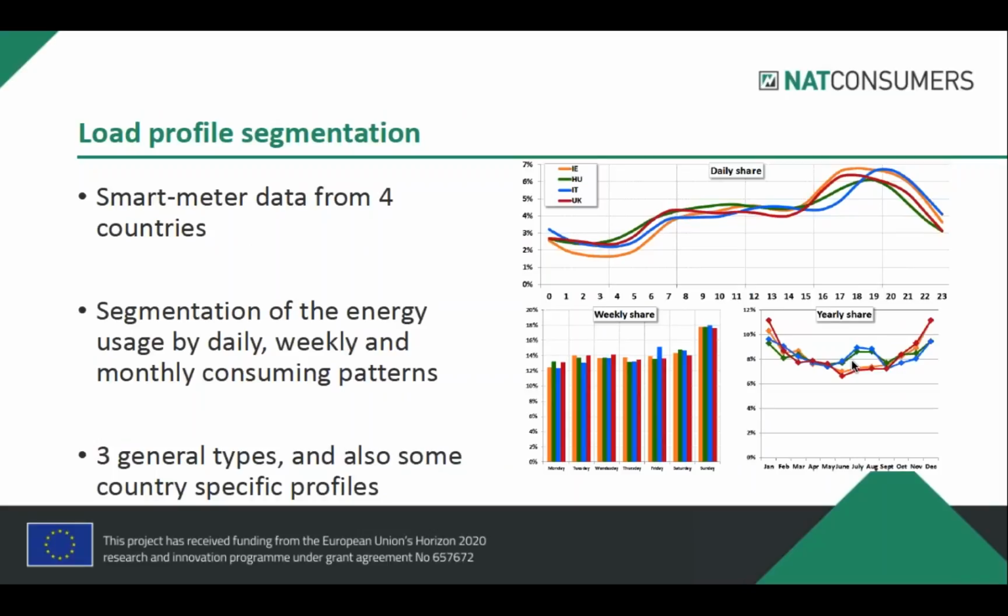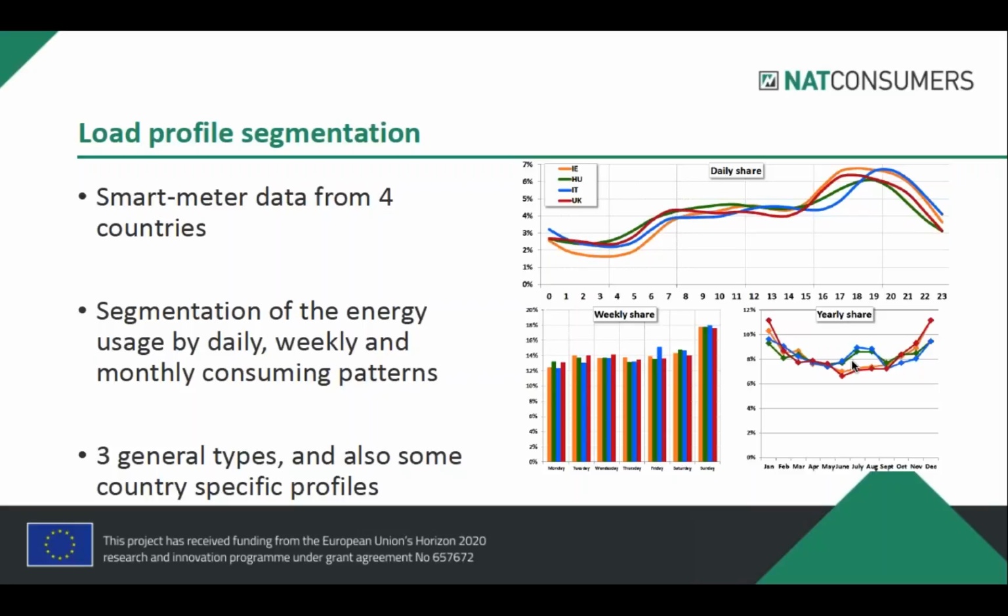As you could see in the right-hand figure, in the 4 countries, the average pattern of consumption in the daily share and weekly share was rather similar, but in the yearly share profile there were some differences. For example, in Italy and Hungary there was a high summer peak, and opposite to that, in the UK and Ireland we cannot find this high summer peak.